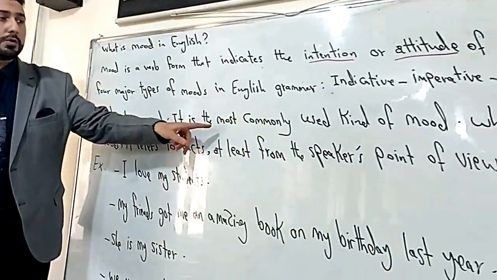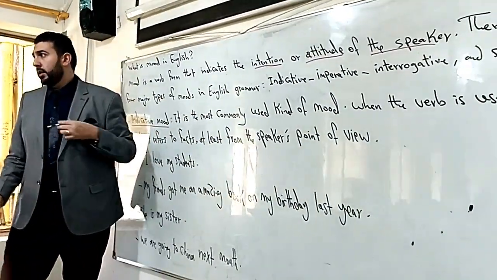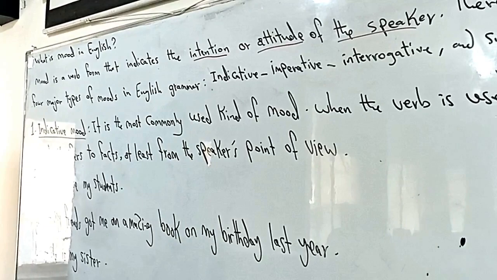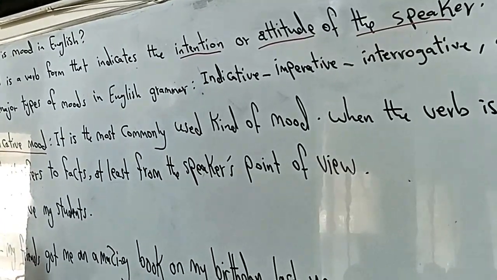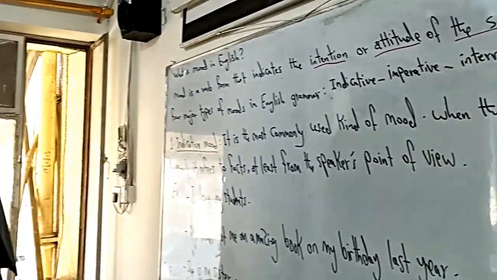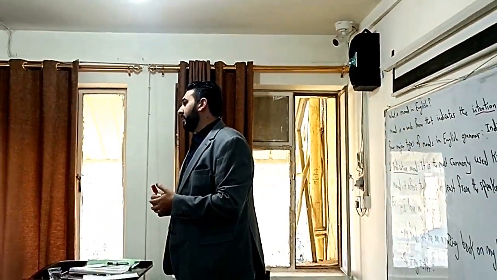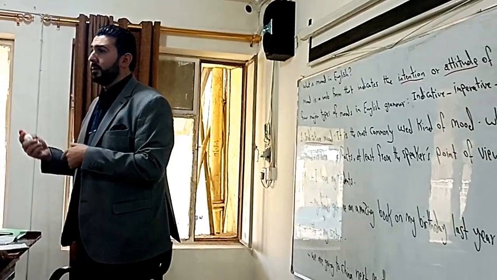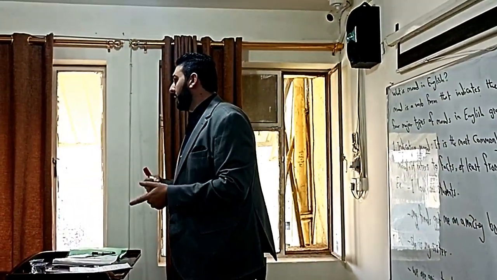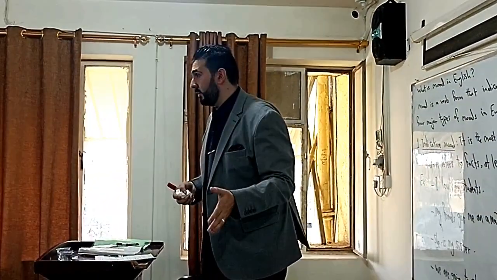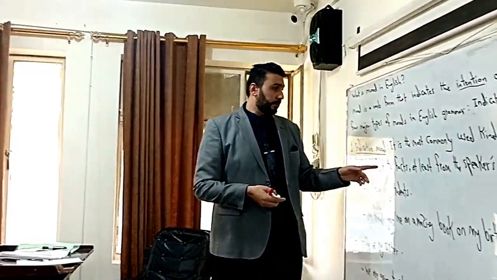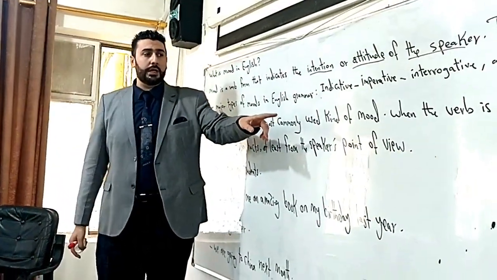Firstly, it is the most commonly used kind of mood. Why? Because we use it to some extent in every conversation, in every talk that we have with each other.